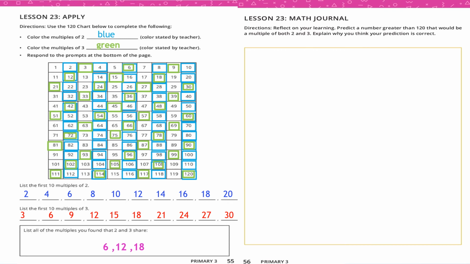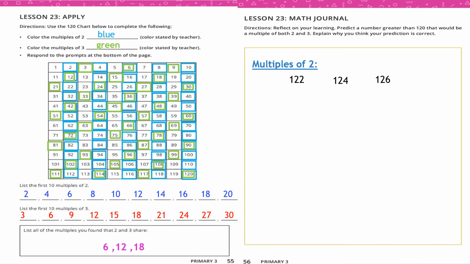Lesson 23, our math journal. Predict a number greater than 120 that would be a multiple of both 2 and 3, and explain why. So we need a number greater than 120 that is a multiple of 2 and also a multiple of 3. First, multiples of 2 are what? 122, 124, 126.